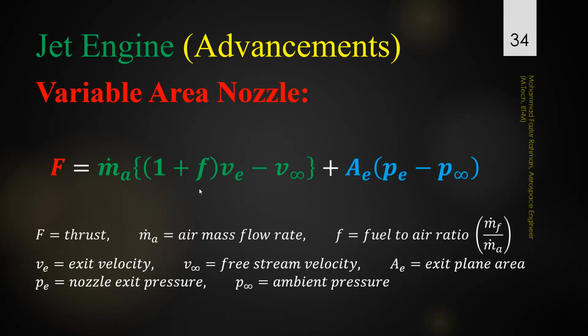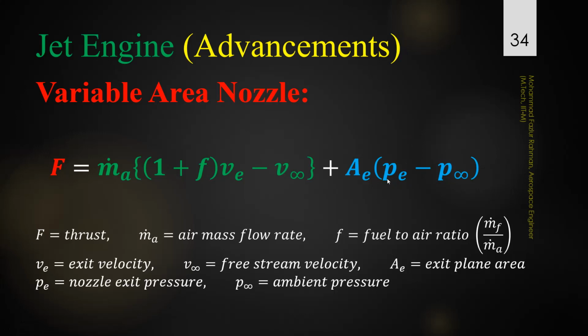Now the question is, when the aircraft flies, it starts from sea level to its operational height or design altitude. So its altitude changes, and the ambient pressure also changes as the altitude changes. We know that. In that case, how do we make this part always optimum? Because P infinity is changing as the altitude changes, we must change PE also. And how is it possible? To have the optimum operation, we must change it.